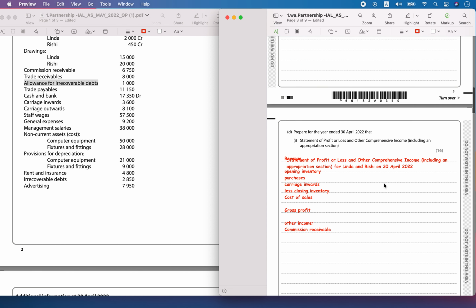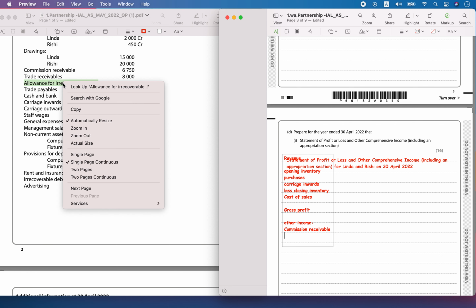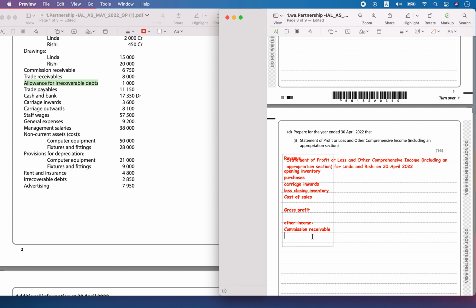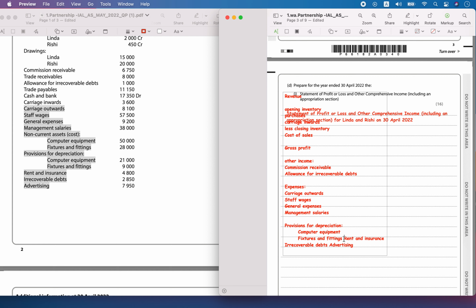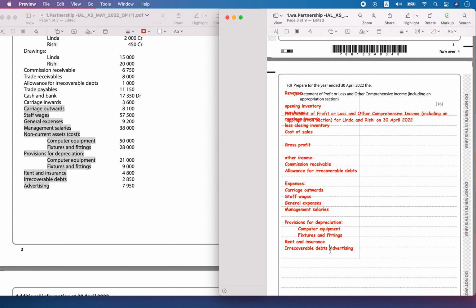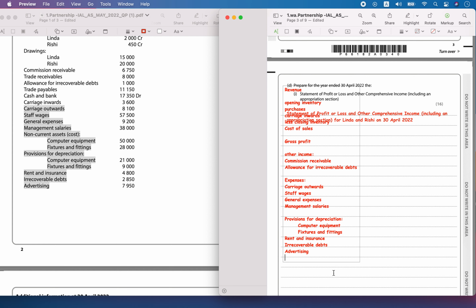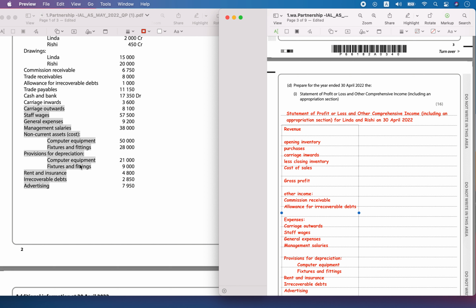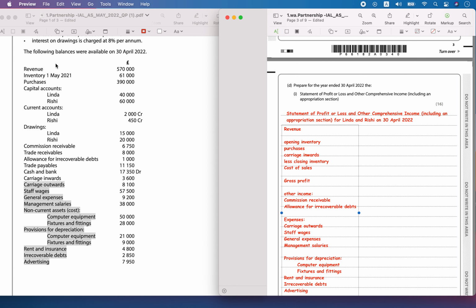So that is equal to 600 other income. So let's write that, allowance for irrecoverable debt, which comes as other income. And then apart from that, we have rent and insurance expense. Irrecoverable debt is an expense, advertising is an expense. So we have covered everything.